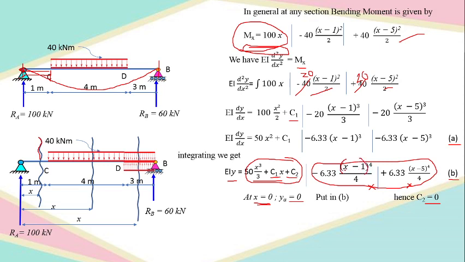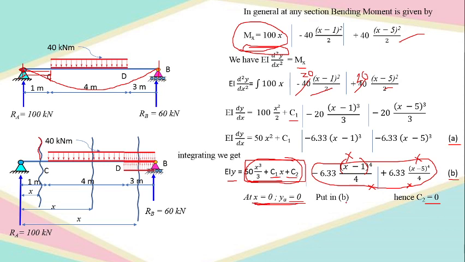So here x is equal to 0, so 0 minus 1 is equal to minus 1, so this is to be neglected. 0 minus 5 is equal to minus 5, so this is also to be neglected. So these are the two logics, and utilizing them, I am simply going to take this first term for the calculation of C1 and C2 for this condition.